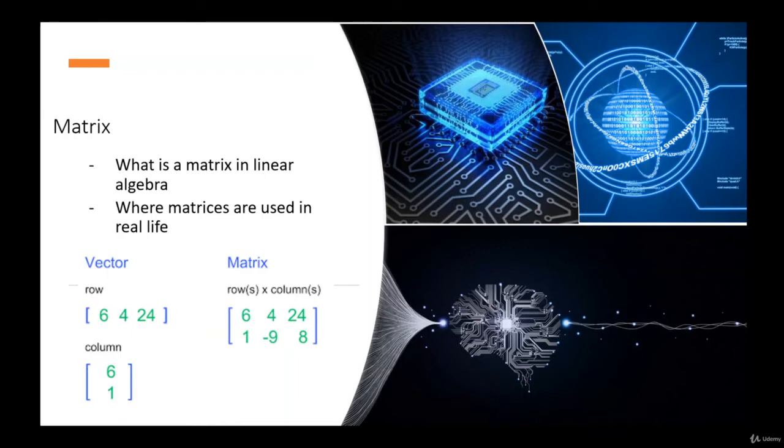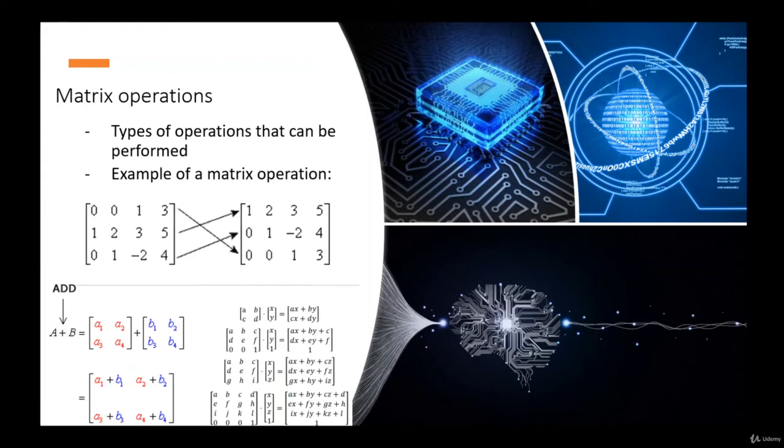So this is what a matrix is. Now, what type of operations can you perform with a matrix? For normal numbers, you can perform four types of operations: addition, division, multiplication, and subtraction. When you are working with a matrix with rows and columns, there are three things that you can do. The first type of operation is row switching.